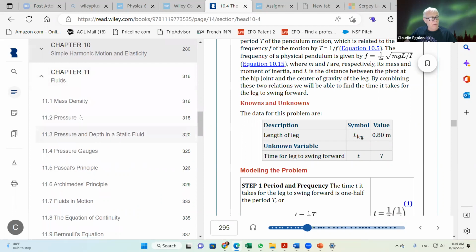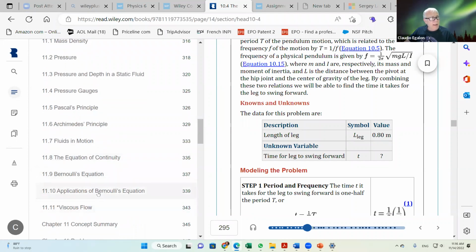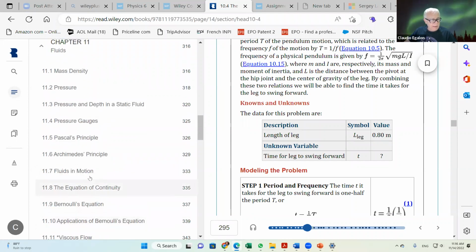We're not going to cover everything. We're going to cover 11.1, 11.2, 11.3, 11.4, and 11.6. So it's going to be fluid statics. We're not going to do fluid dynamics.